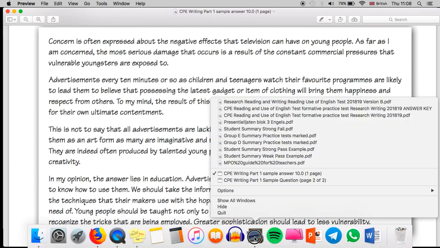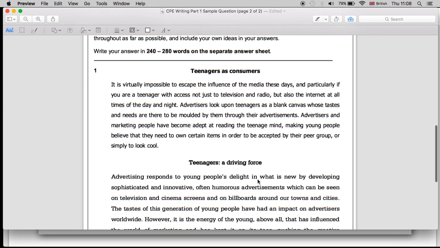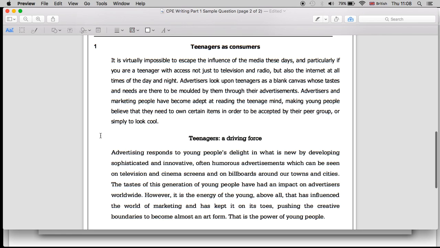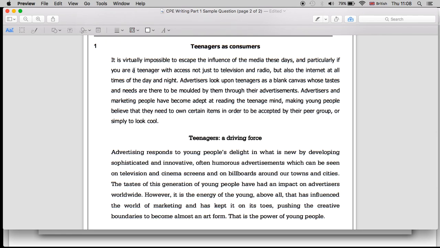Let's take a look at the original sample question. Well, yeah, this is sort of neutral to academic in tone. That is the original. It's not conversational, colloquial, slang. It is definitely a neutral to formal academic tone.